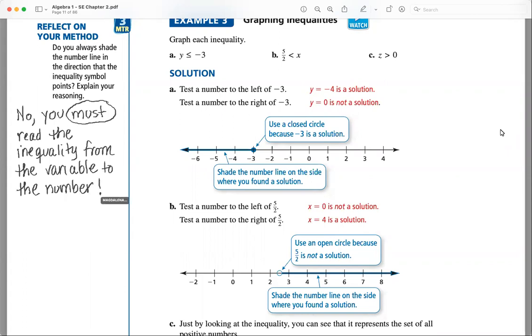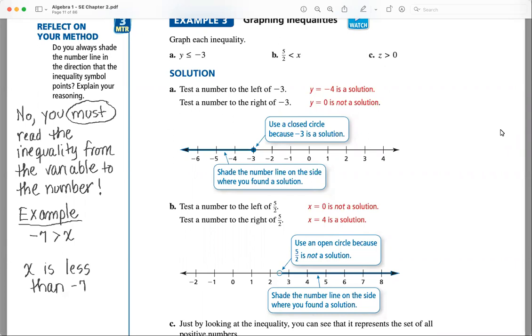This will avoid a lot of silly mistakes when graphing inequalities on the number line. For example, if I have -7 greater than x, you're going to read it as x is less than -7, or any number less than -7.